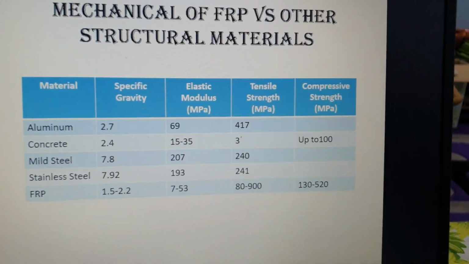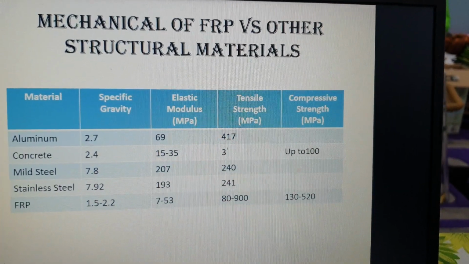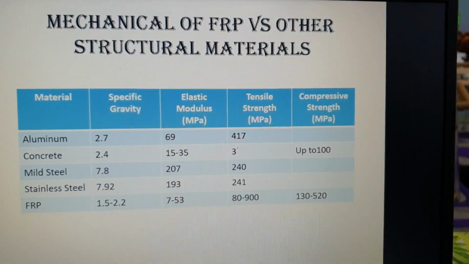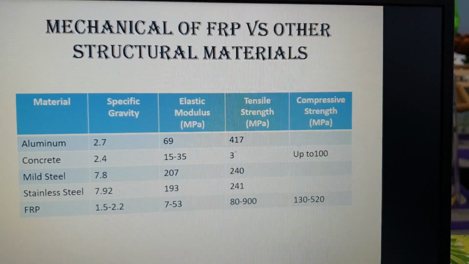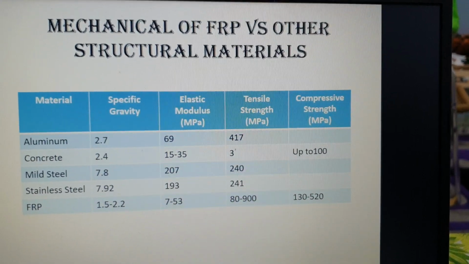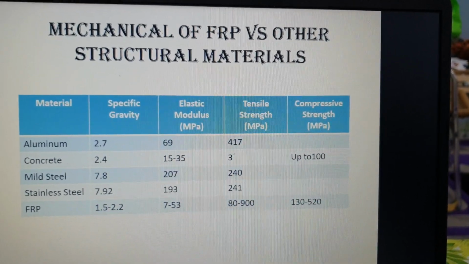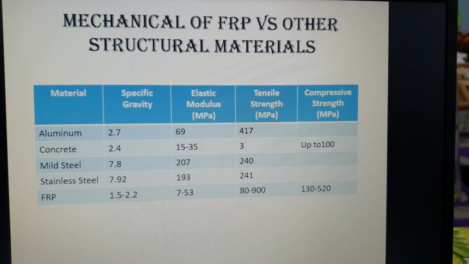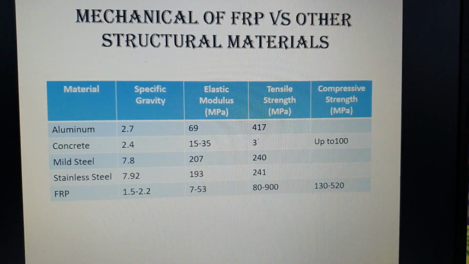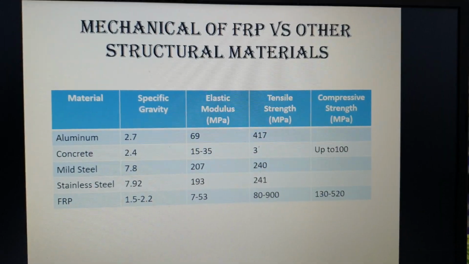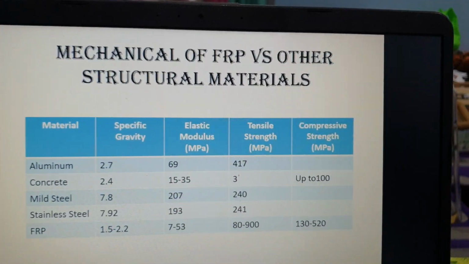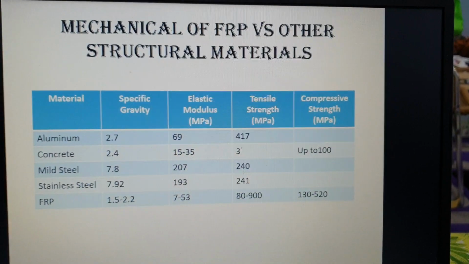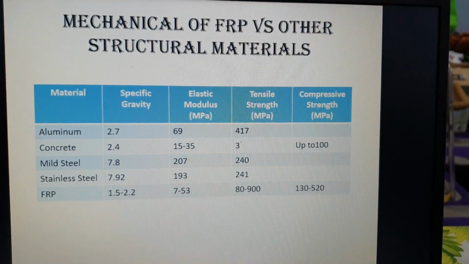But the rest of the materials are very weak in compressive strength. Aluminium, mild steel and stainless steel do not have the quality to give compressive strength, but they are very good in tensile strength. So FRP has both qualities: it gives very good tensile strength and also compressive strength.